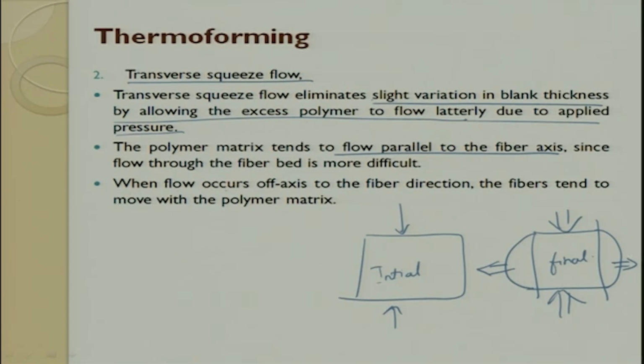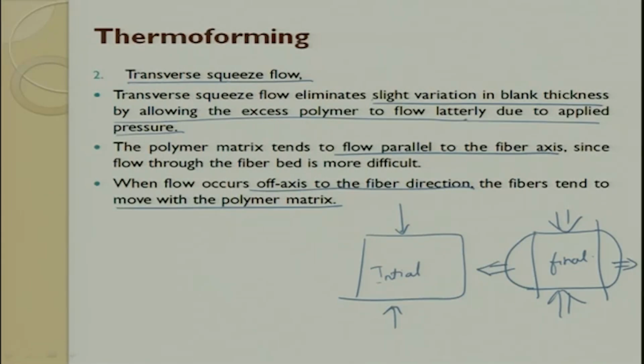When the flow occurs off axis to the fiber direction, the fiber tends to move along with the polymer matrix, so there is a small displacement happening. This phenomenon is very, very important. So, please note it down: transverse squeeze flow makes sure that the excess resin flows out laterally, in the transverse direction, by applying pressure.